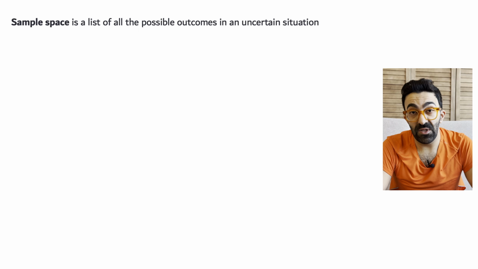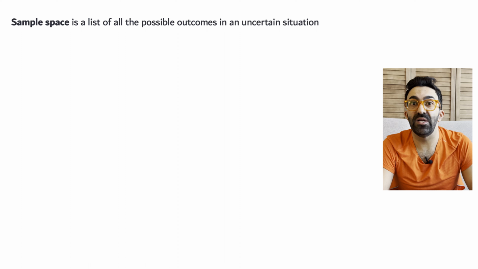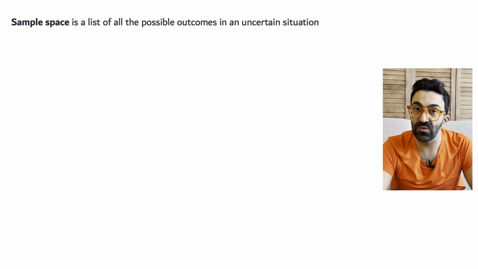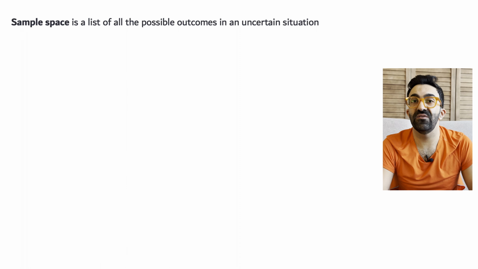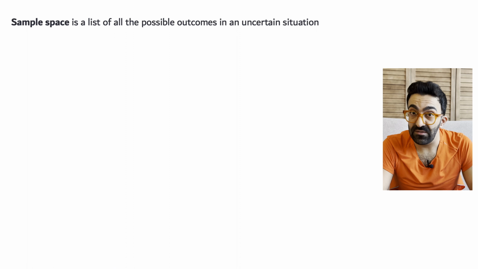This is what we call sample space. Sample space is the list of all possible outcomes in an uncertain situation. Because when you roll a die, it's uncertain, but you know the list of the possible outcomes.